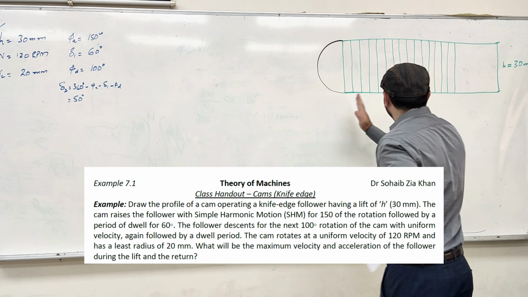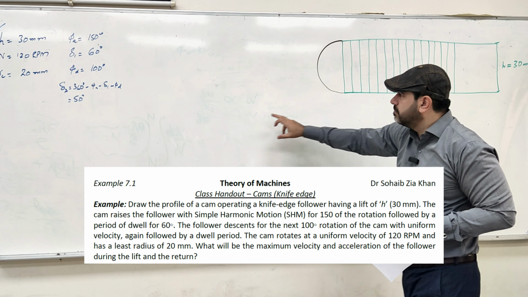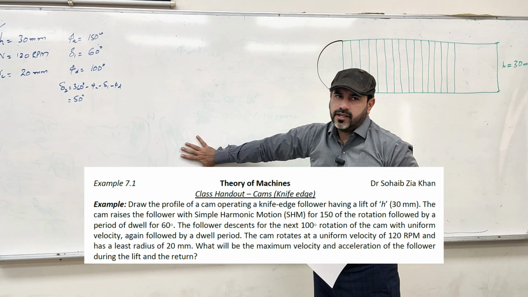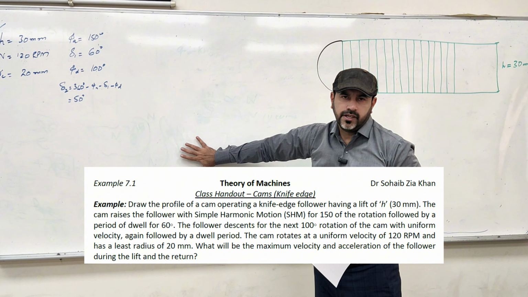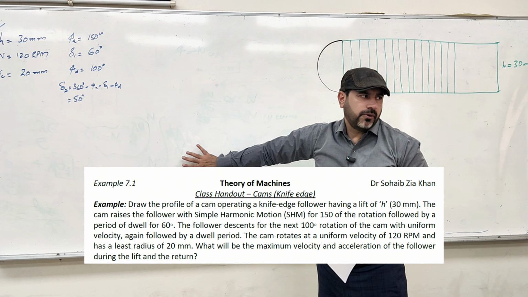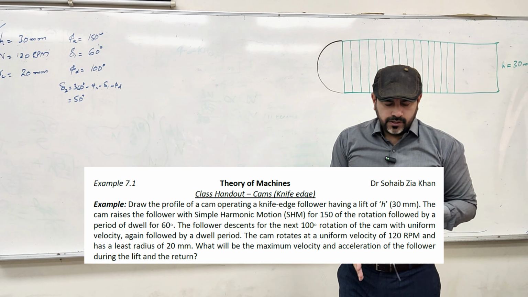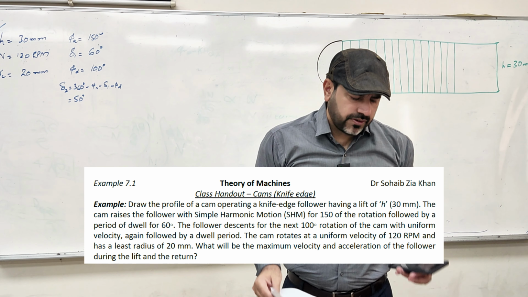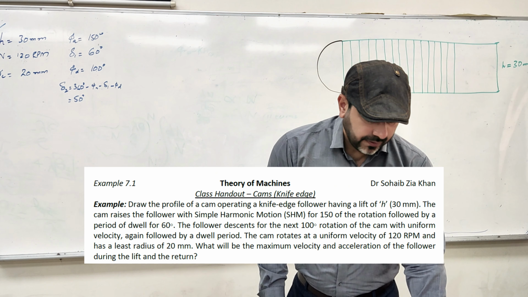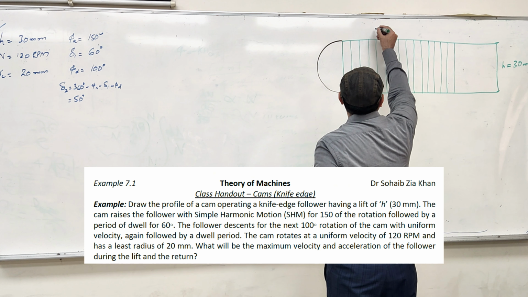On this we have a number of divisions, and we are going to have the same number of divisions on the cam profile. The more divisions, the smoother the points you get; fewer divisions, fewer points. In the book they have 6 divisions, and we'll try to follow the 6 divisions. We come back to this displacement diagram.